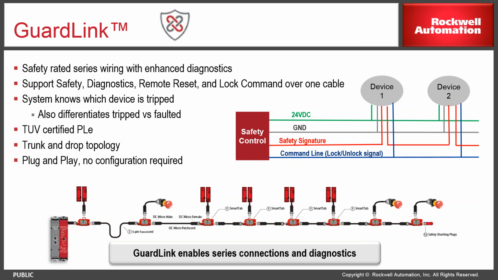And furthermore, the same cable carries an unlock signal for any guard locking switches in the system. So the GuardLink master has an Ethernet adapter, making the information available to any network connected controller. So the Ethernet adapter is what you see on the extreme left of the safety relay there.